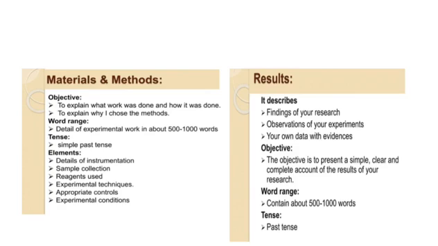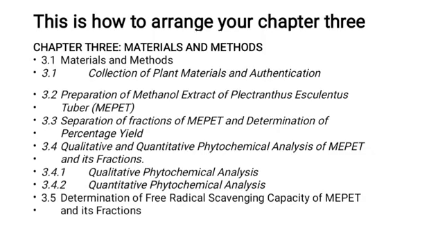You write materials and method. Materials and method 3.1. Then you have 3.1.1, where you talk about collection of plant material and authentication.